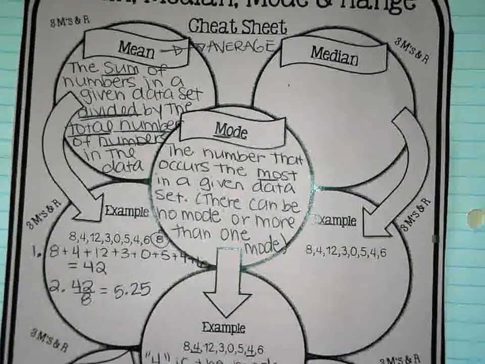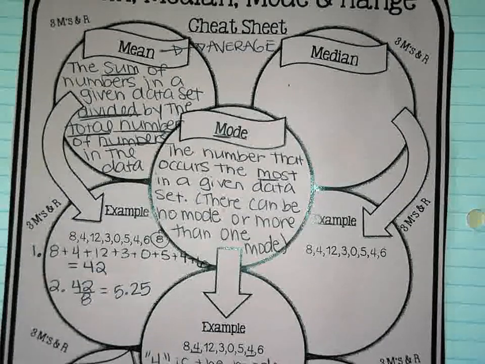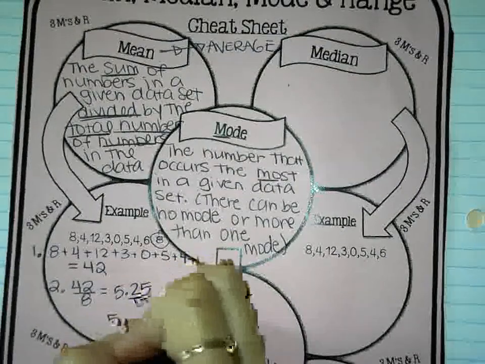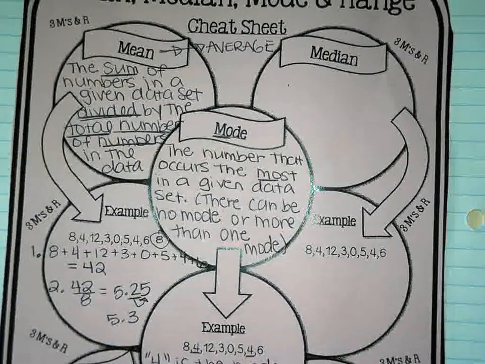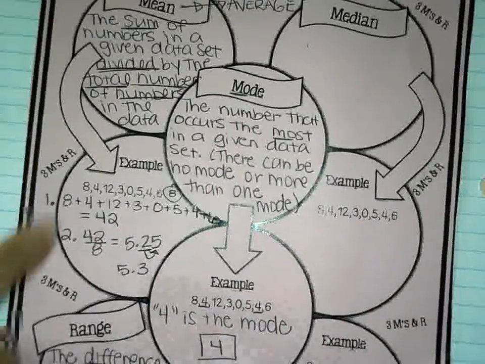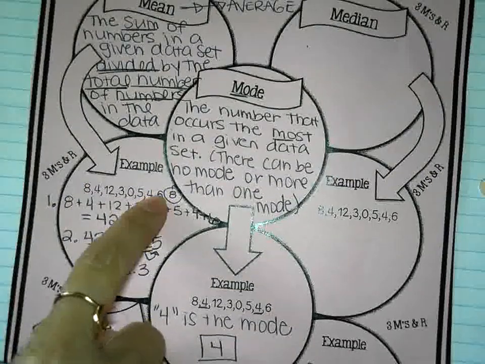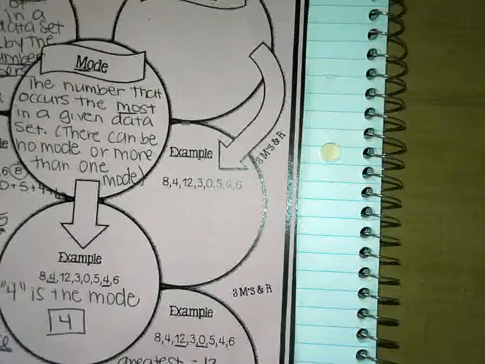Now, if you just have to round to the nearest hundredths, your answer is good. If I were to ask you to round to the nearest tenth, my answer would be 5.3. So make sure we are rounding properly based on whatever they ask. So add all the numbers together, divided by the total number of numbers you added together, which in this case is 8.